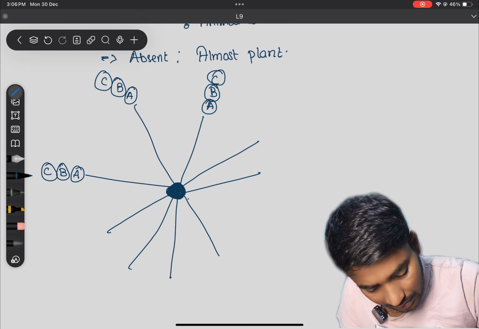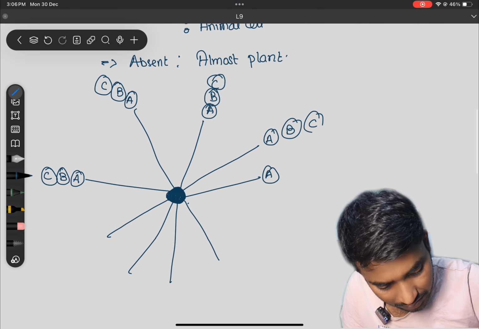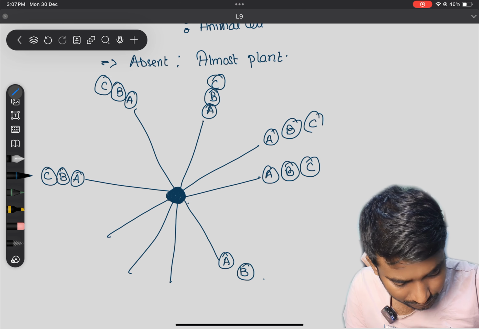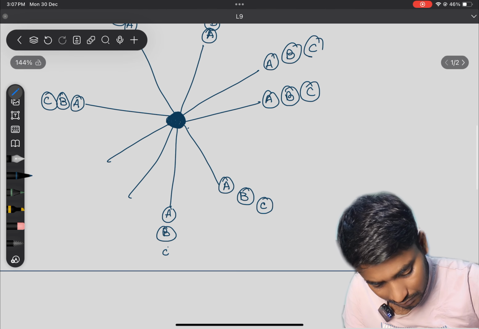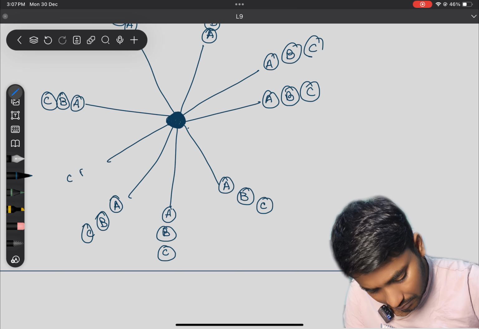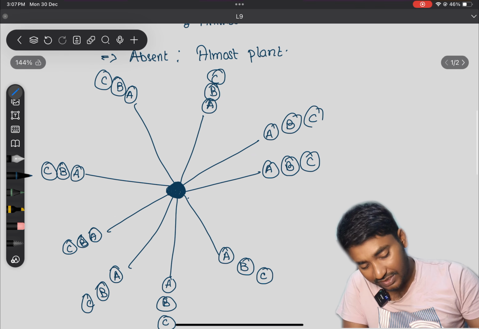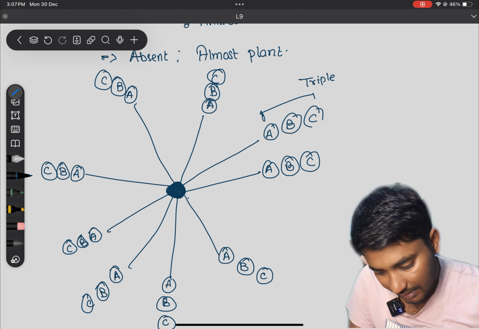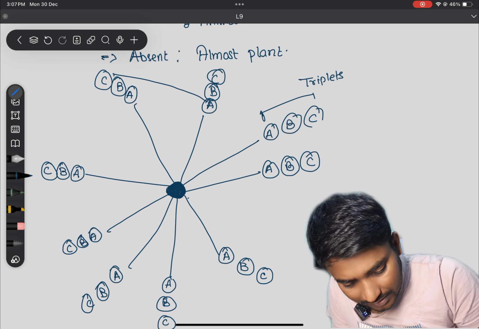A, B, C, A, B, C. These are called triplets, and these are the A-C linkers.